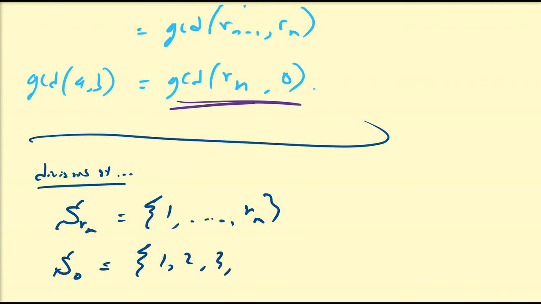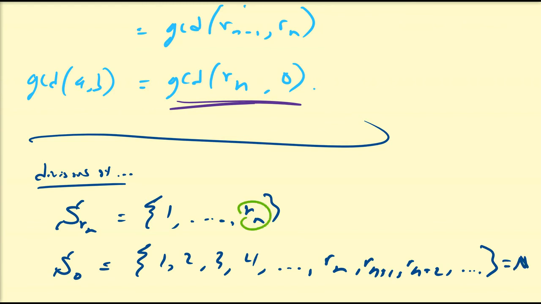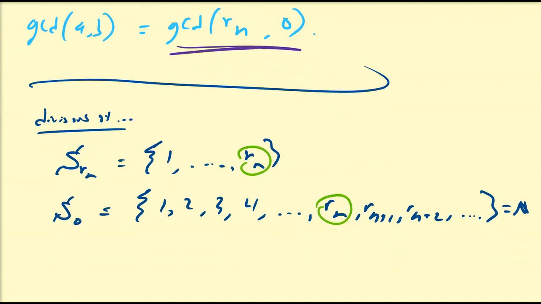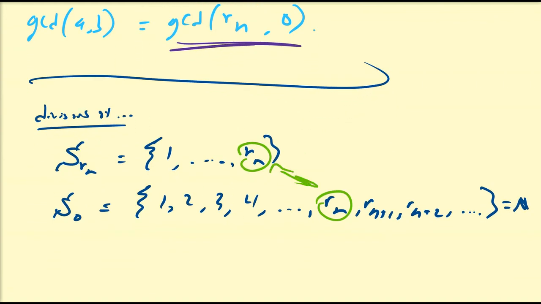So we have 1, 2, 3, 4, Rn. We know that's greater than 0. Rn plus 1, Rn plus 2, and also any integer above that, right? As we know, the greatest common divisor of these two sets is clearly Rn, right? So that means the greatest common divisor of A and B is Rn, right?